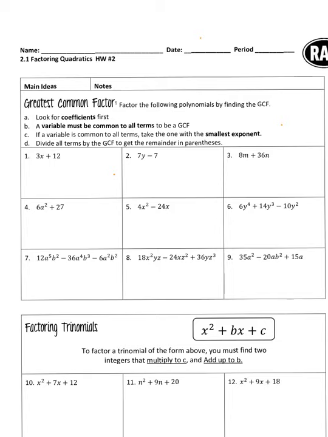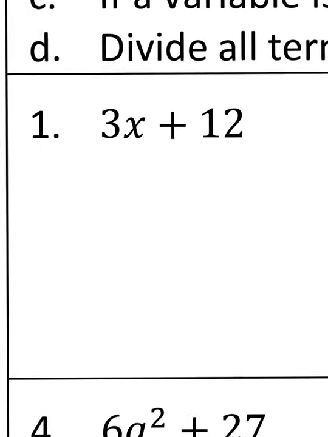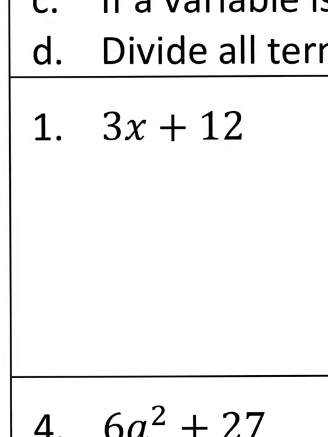Okay, so let's look at the first one. We're trying to find the greatest common factor between 3x and 12. If I look at 3x, the factors of 3 are 1 times 3.